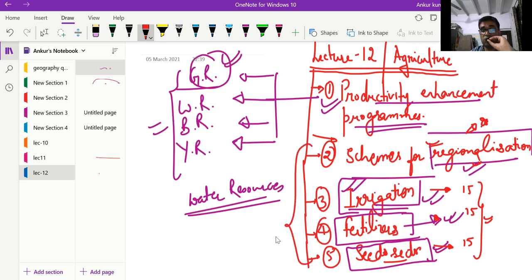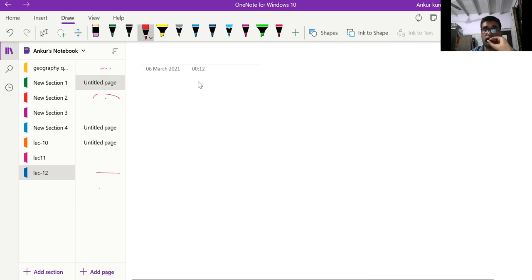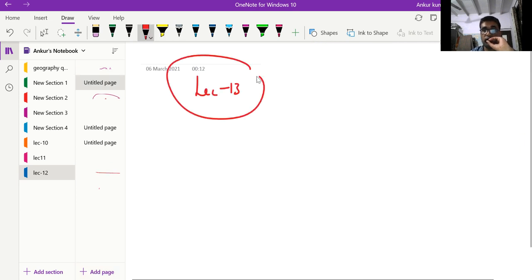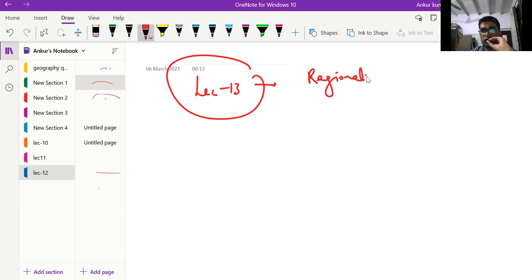So we cannot complete it today, so we will cover these topics in lecture number 13. In the next class, let us do regionalization in the end, because it is a big topic.